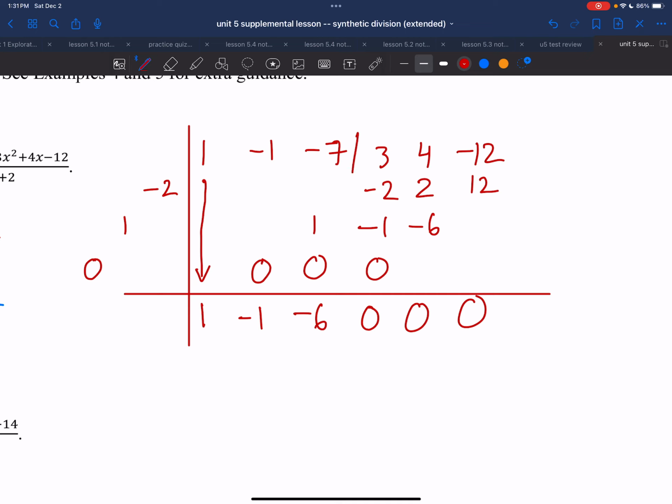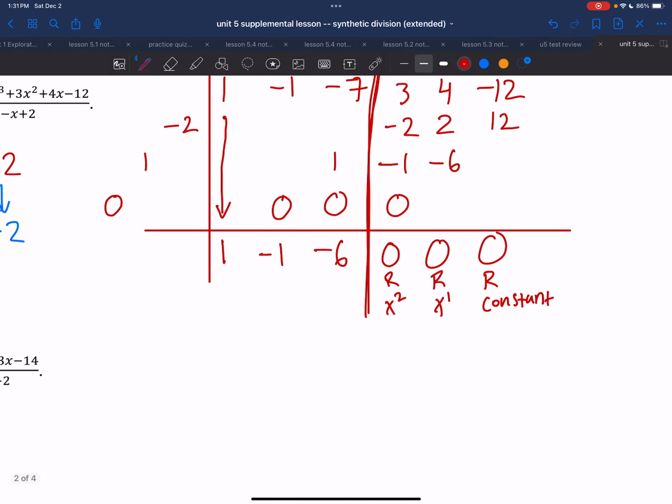So you split this down the middle. Now this remainder is a constant remainder, this remainder is an x to the 1, and this remainder is an x squared. So it means remaining, you have nothing. It's all zeros, so there is a 0 remainder.